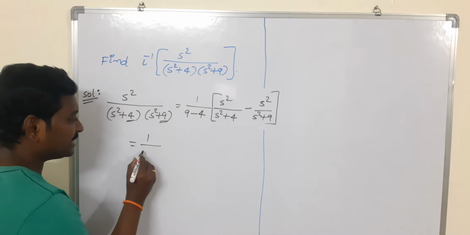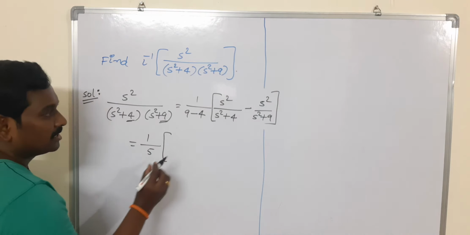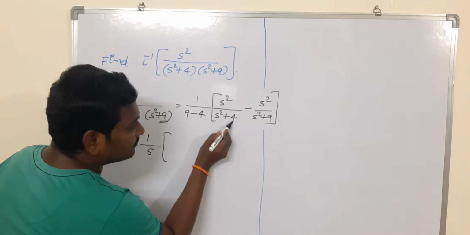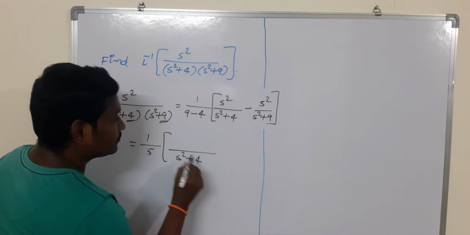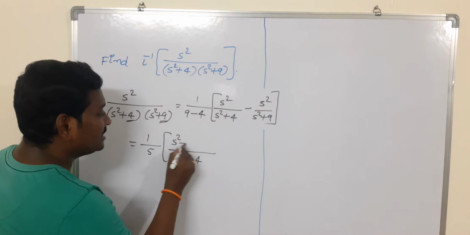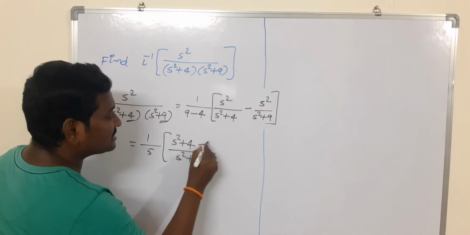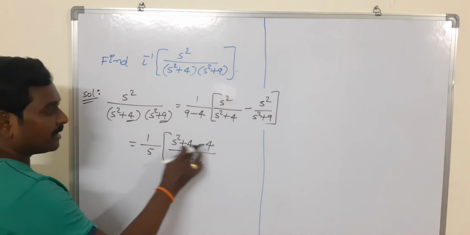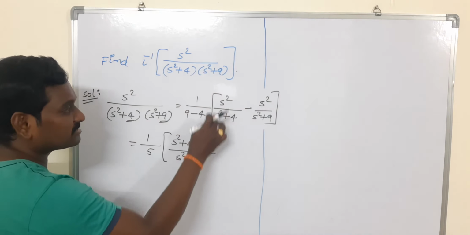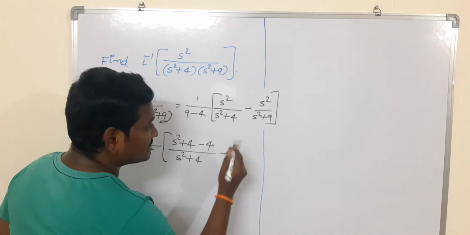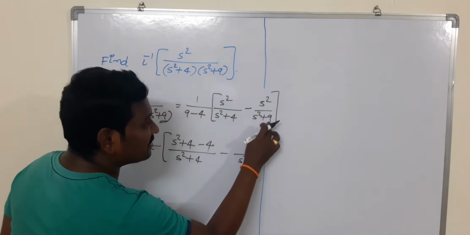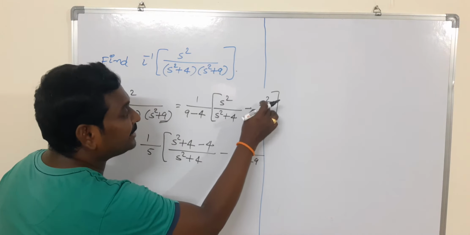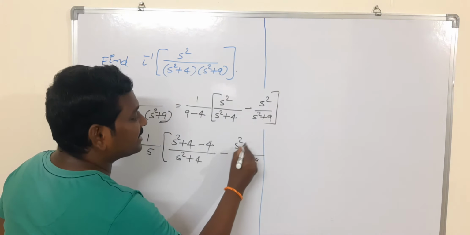1 by 9 minus 4, 5. In the denominator we have s square plus 4 in the first part, so in the numerator add 4 and subtract 4. Plus 4 minus 4 cancel, s square by s square plus 4, minus, in the similar way in the denominator we have s square plus 9. That's why add 9 to the numerator and subtract 9.